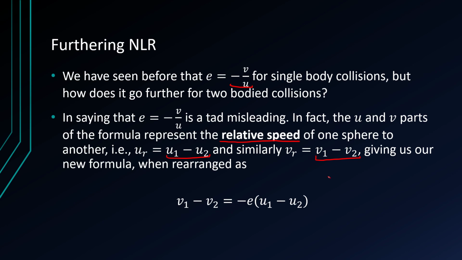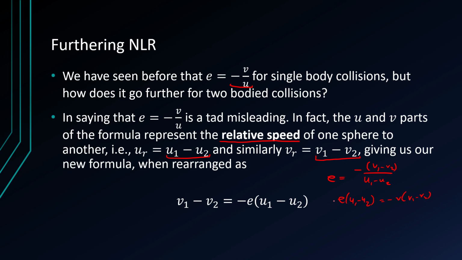So what we get is e is minus (v1 minus v2) over (u1 minus u2). So when we multiply across, we get e times (u1 minus u2) is minus (v1 minus v2).